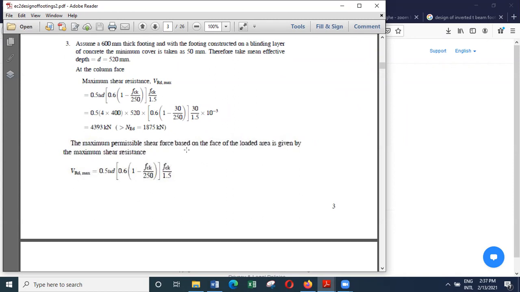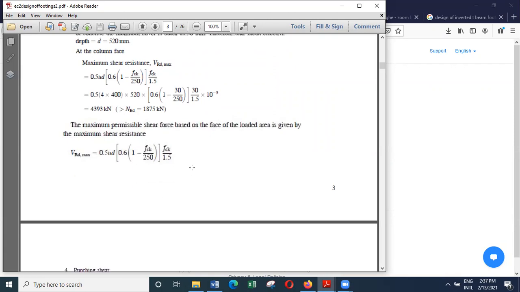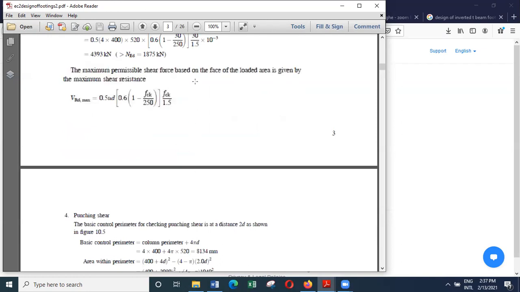I have again included this VRD max equation that we have substituted here, just to give you the information on the equation. So basically there's no punching shear failure at the face of the column.